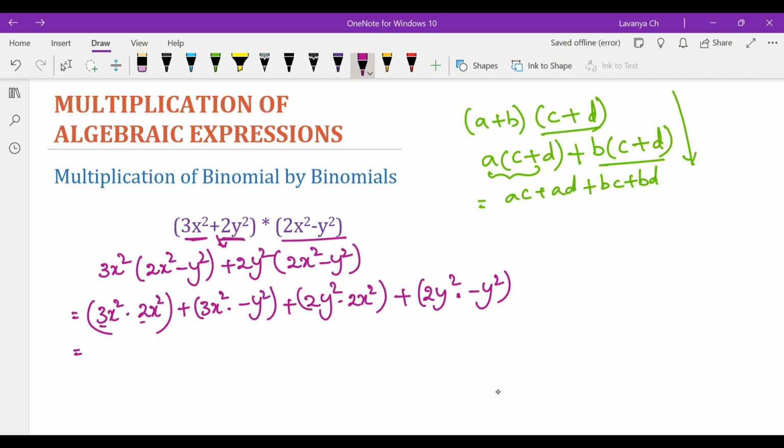Multiply the quotients. 3 into 2 is 6. The bases are the same, x, so adding the powers, x power 4.